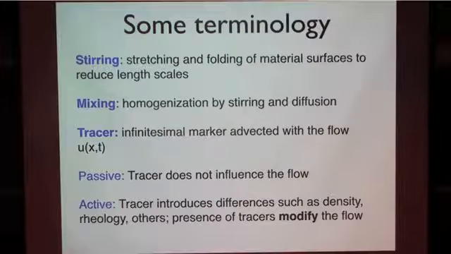Or they can be active, in which case an active tracer would influence the flow. It might be more dense than the material that it's embedded in, or it might cause the viscosity to change. Then that tracer is going to affect the flow that it's in, so it modifies the flow by its presence. Those are just terms to keep in mind.